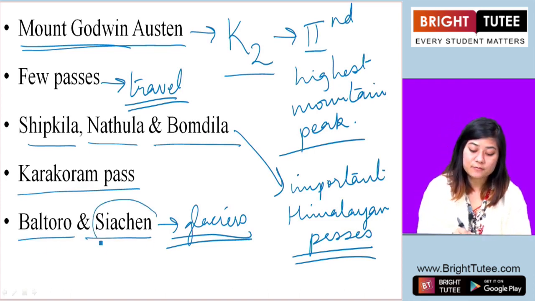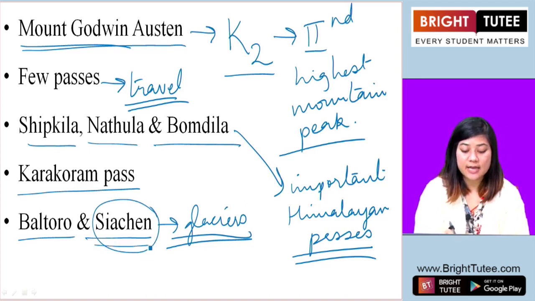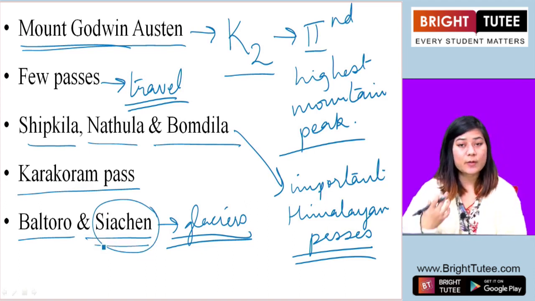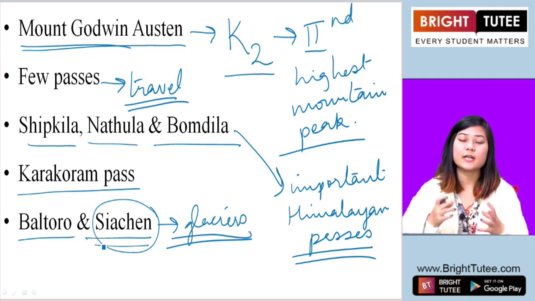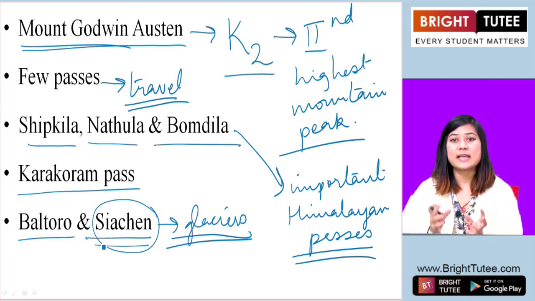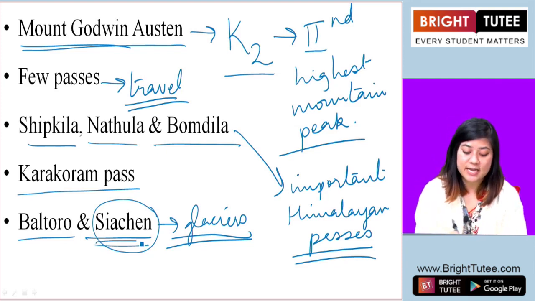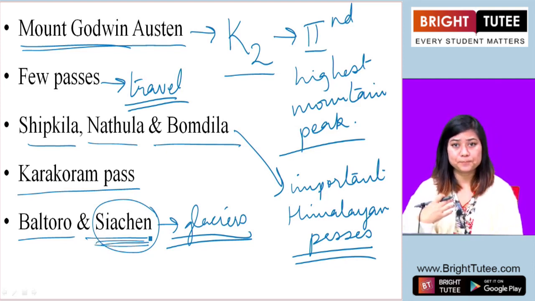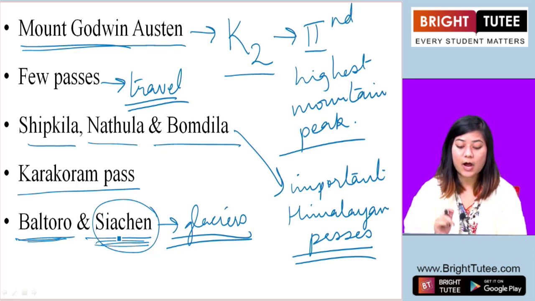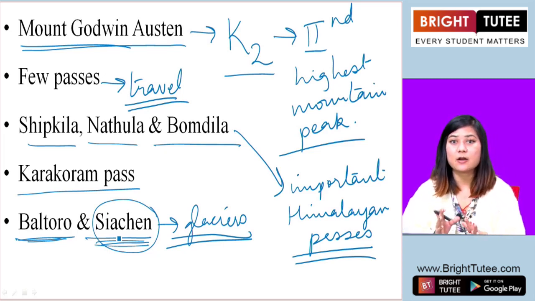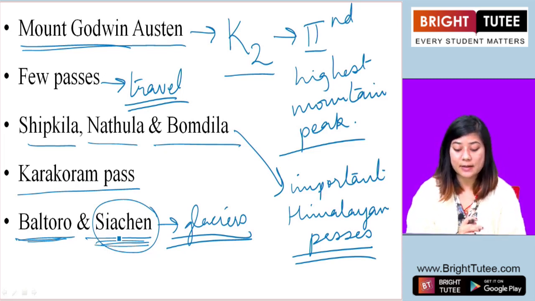I'm sure you must have heard of this name, Siachen, right? It's quite popular. Our Indian Defence Force is also stationed there in Siachen, and it is one of the highest military bases in the world. Alright, so these two are important glaciers which are located in the western Himalayas.